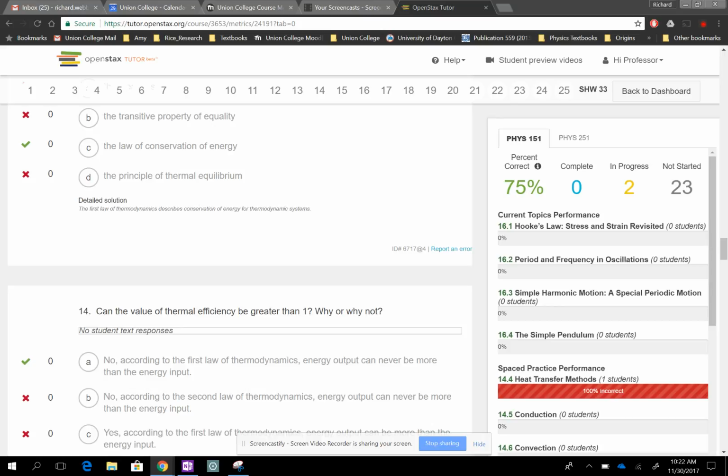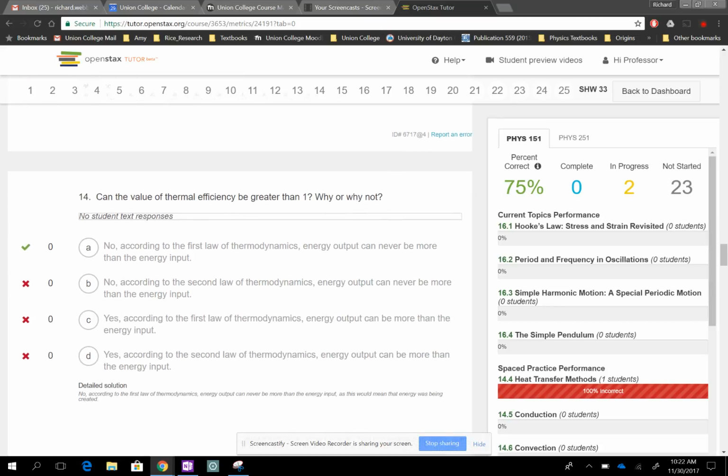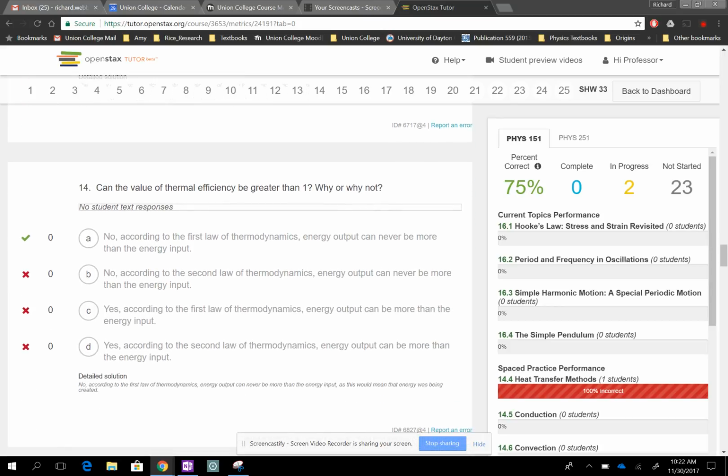Okay, the next one is, again, one that requires no work. Can the value of thermal efficiency be greater than 1? No. Why not? Because you can't have greater than a 100% chance of being efficient. You can't even be 100% efficient.